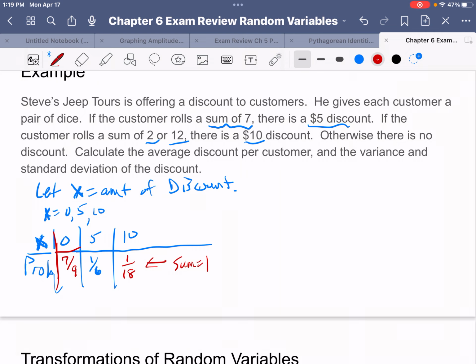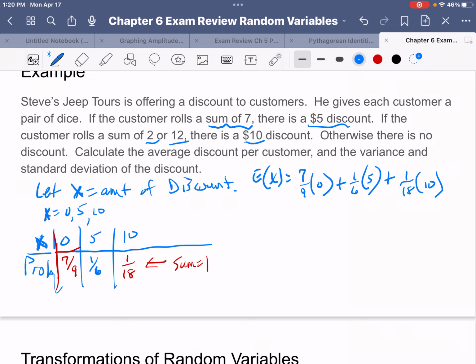So now I can say that the expected value of x is equal to the first probability times the discount plus the second probability times 5 plus the third probability times 10.